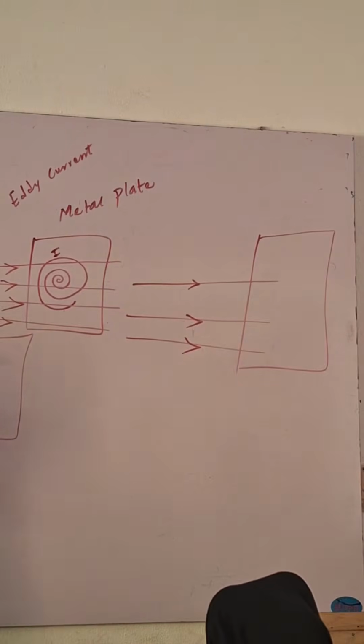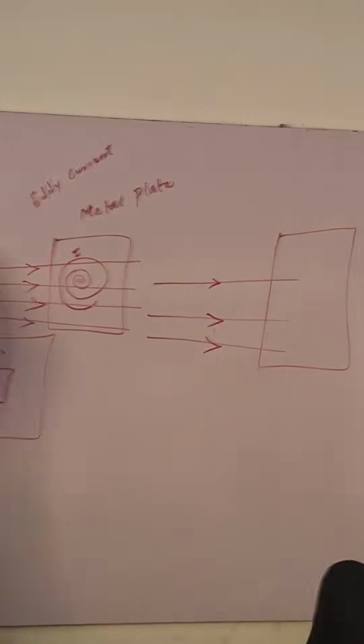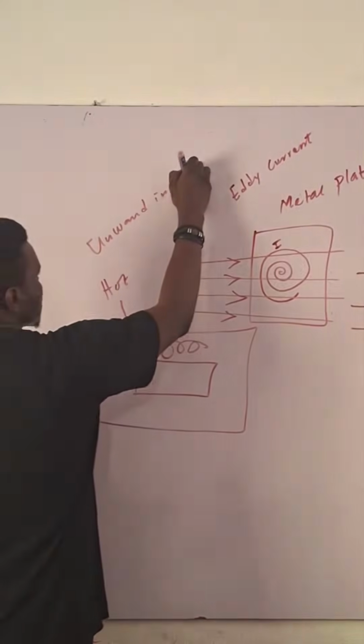And that current can start making the metal get very, very hot. Heat. And the heat can have negative effects on the transformer. We don't need it. What is it doing there? So we call it unwanted induced current.